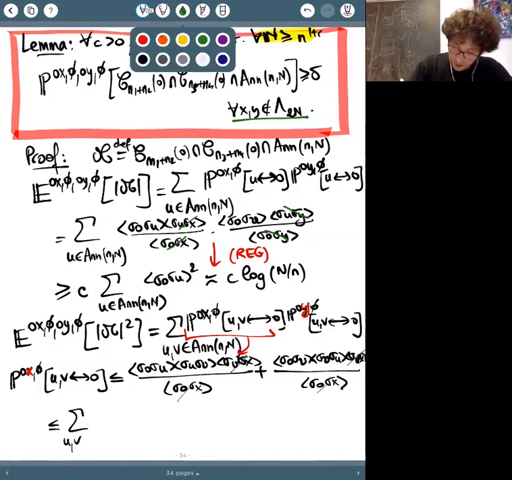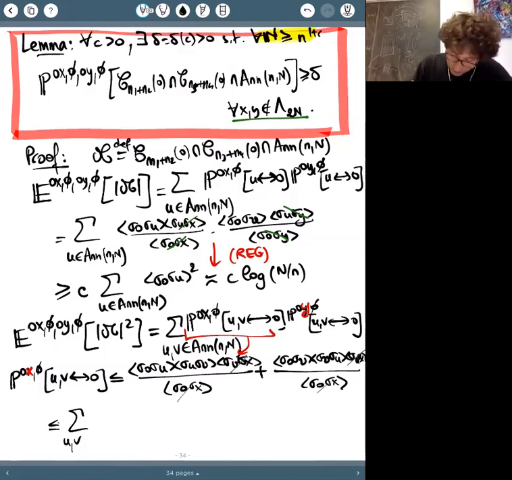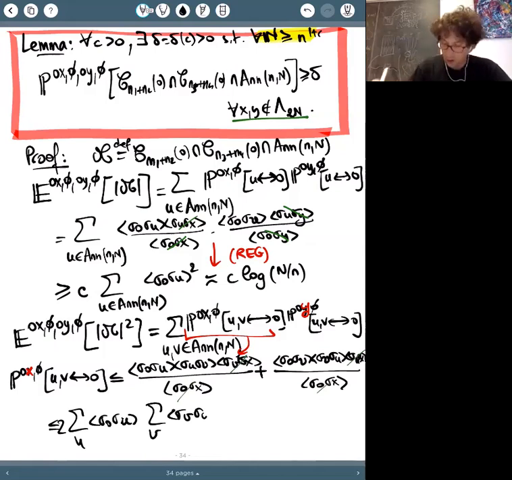Roughly speaking, you are going to end up with twice the sum over u of sigma 0, sigma u, squared, times the sum over v of sigma v, sigma u, squared. And here I have squares because I pick one such guy for each one of the two terms.